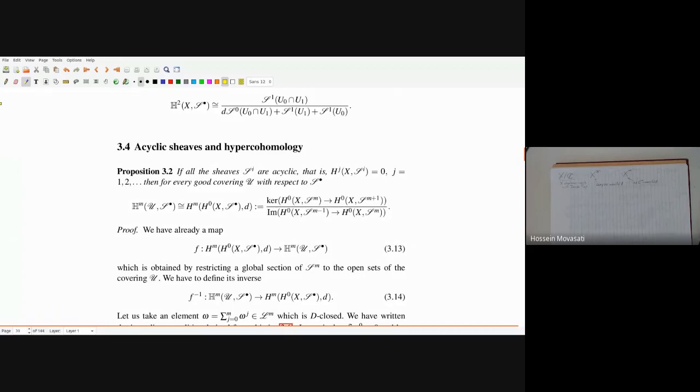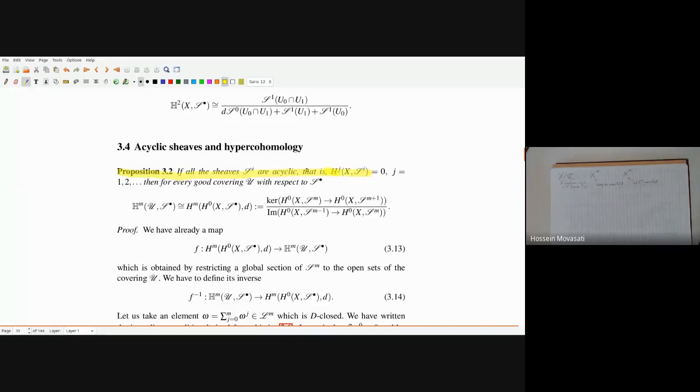So this is a kind of nice theorem to know. Okay, so remember that our main example was this X and differential forms, and so what this proposition tells us, just assume that there is no Čech cohomology of my sheaves S^i.